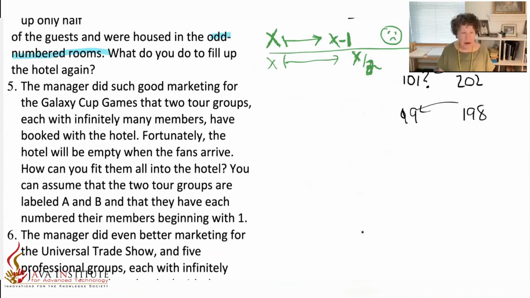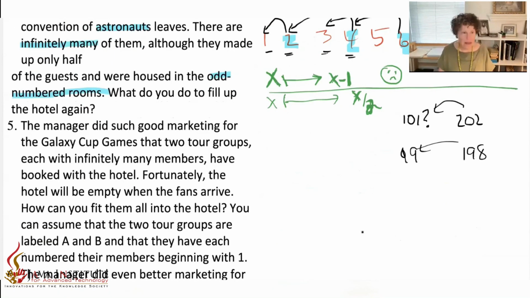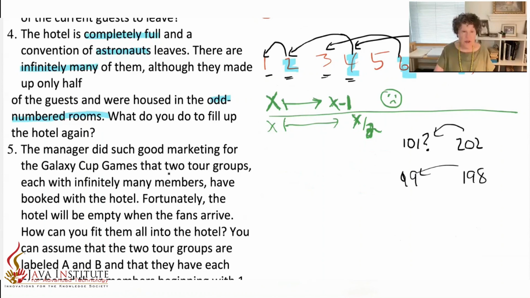Okay, here's another one. The Galaxy Club games, cup games, 2 tour groups, each have infinitely many members. They both booked with the hotel and the hotel's empty when they arrive. So here are the rooms, 1, 2, 3, 4, 5, 6, 7. And there's tour group A. They're the green team.